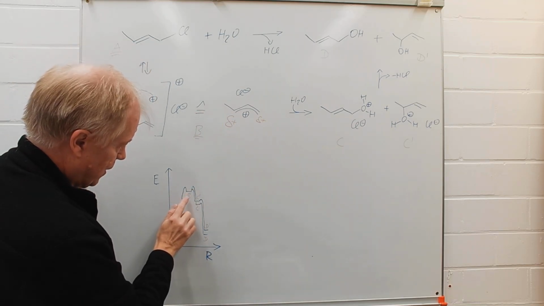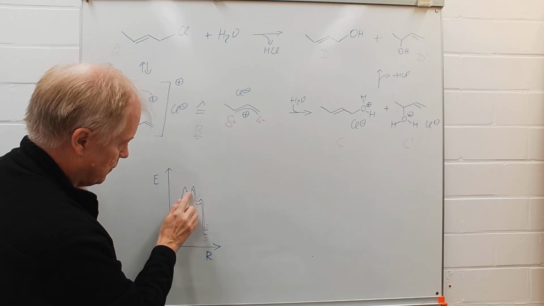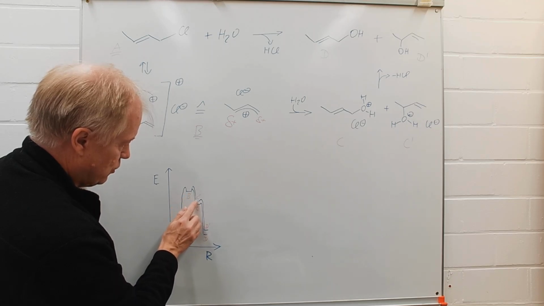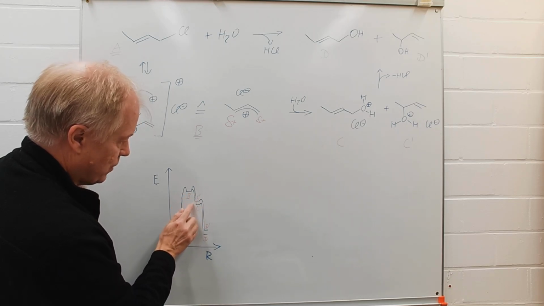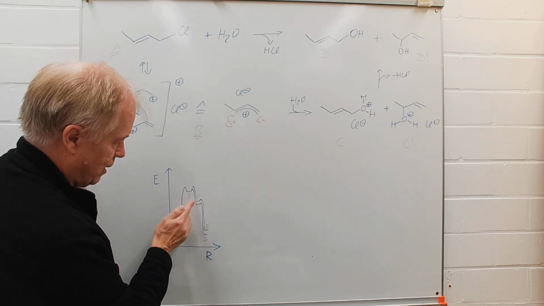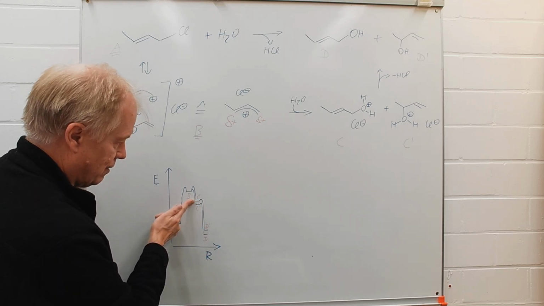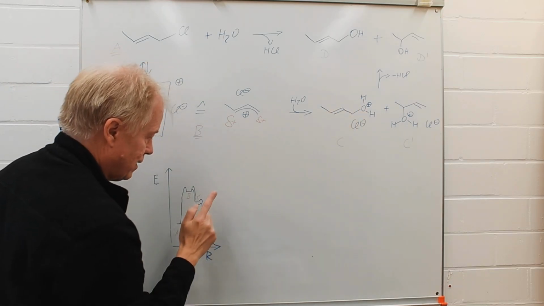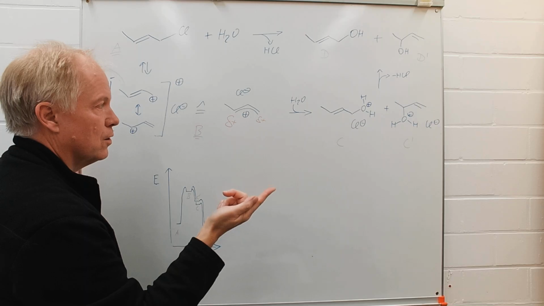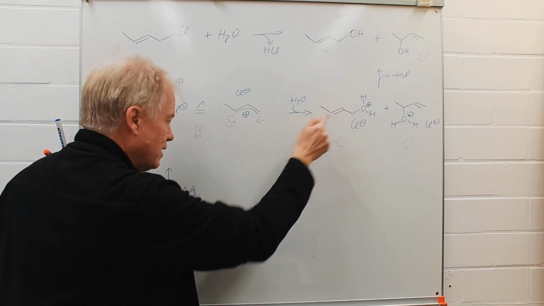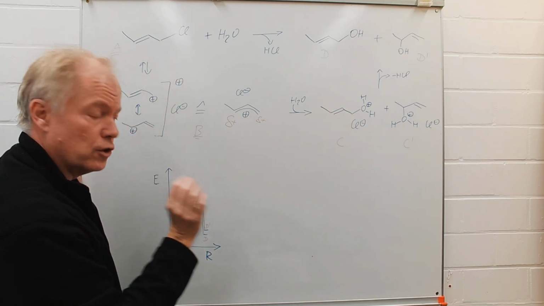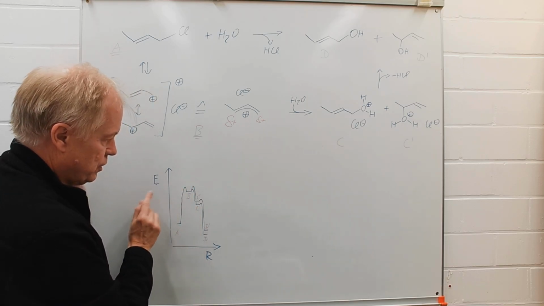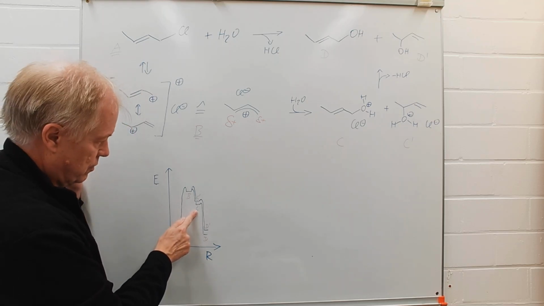That means that we have a relatively low energy barrier to get to C prime, but C prime is on a higher energy level than C. This one, C, is thermodynamically more stable. On the other hand, to get to C is the slower reaction. That means we have to draw here a higher energy barrier to get to C.